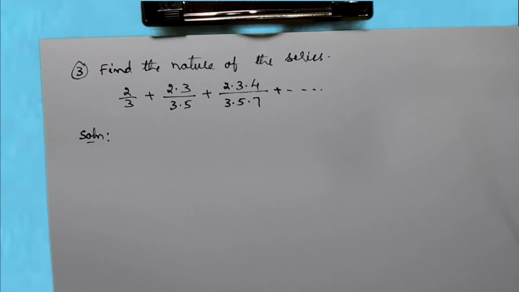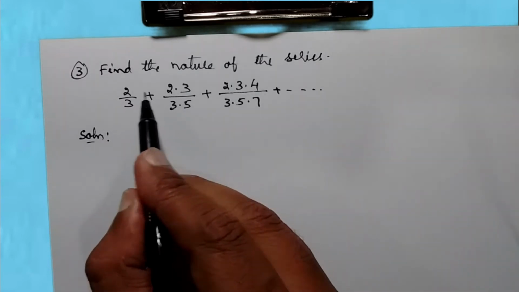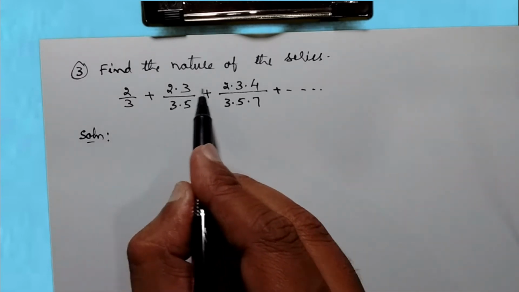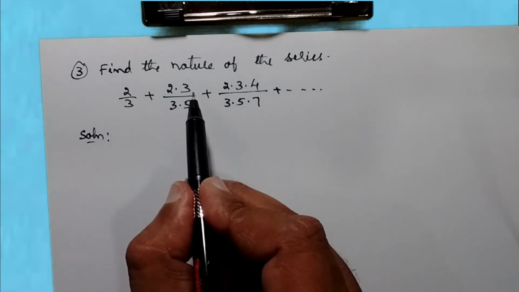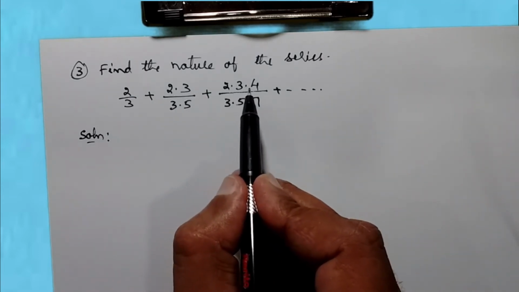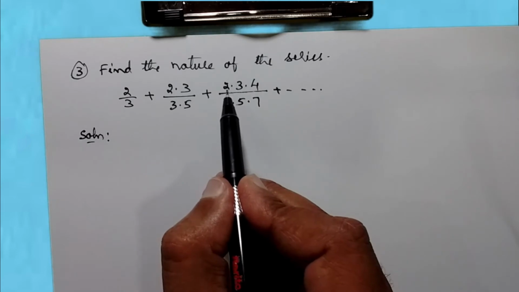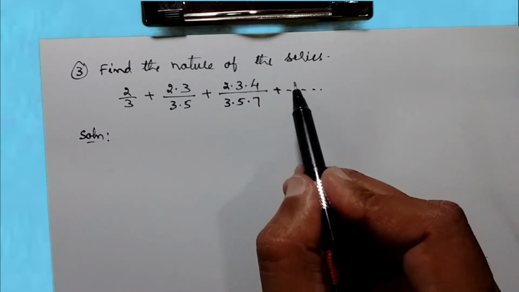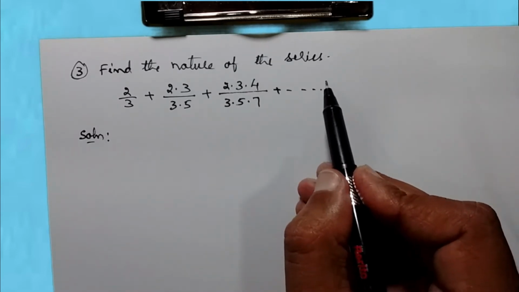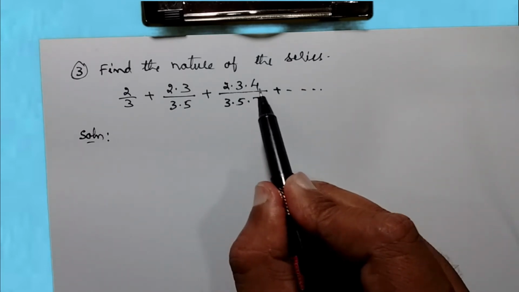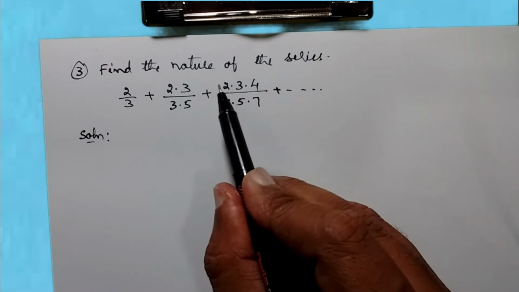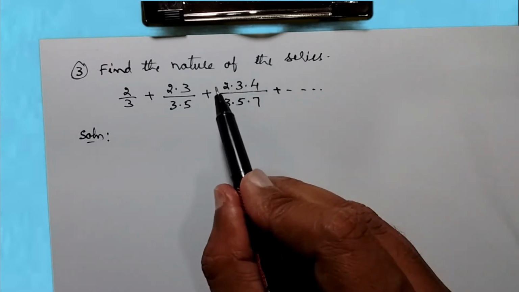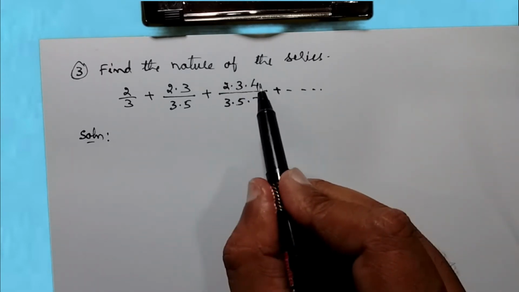So how do we find the nth term? For that you have to see the way this expression is going. So 2 into 3, here 2 into 3 into 4. Observe this 2 into 3 into 4. The next term will be 2 into 3 into 4 into 5. So what type of expression is this? If you observe, the given expression is in the form of an arithmetic progression.